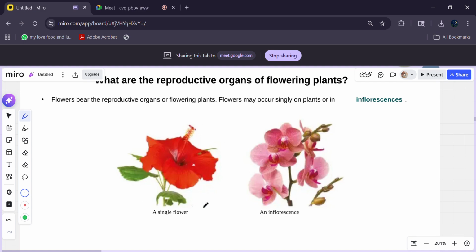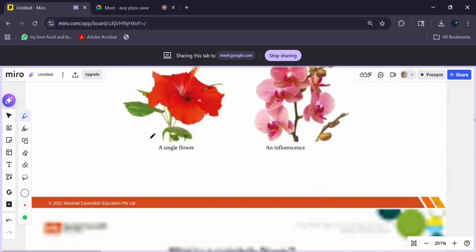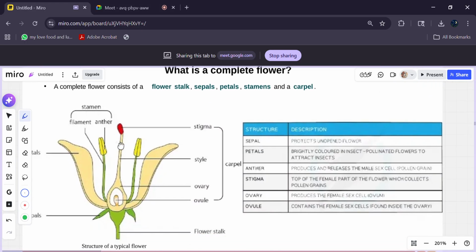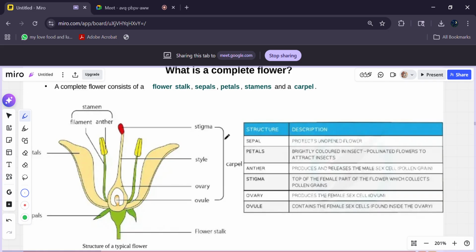Now these flowers contain the reproductive organs of a plant. The flower allows a plant to reproduce, and each flower consists of main organs that help with sexual reproduction. A complete flower consists of a flower stalk, sepals, petals, stamens, and a carpel.